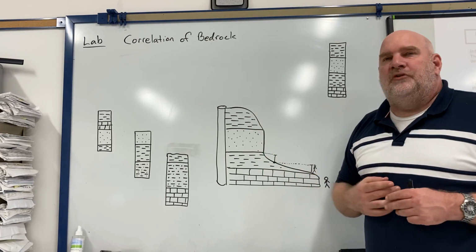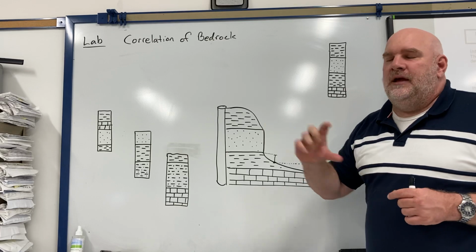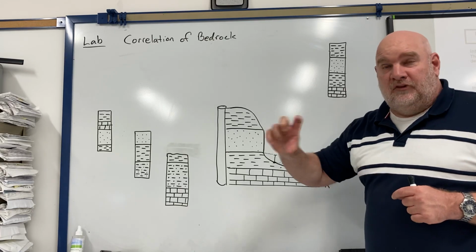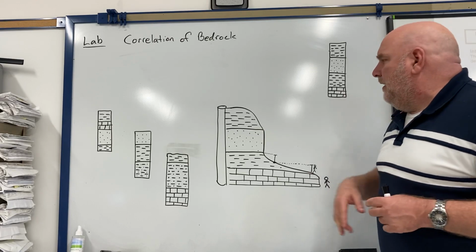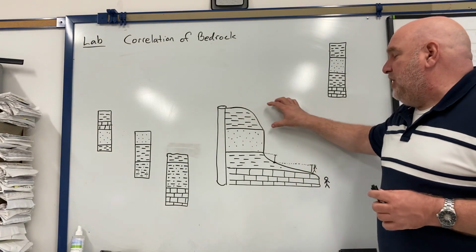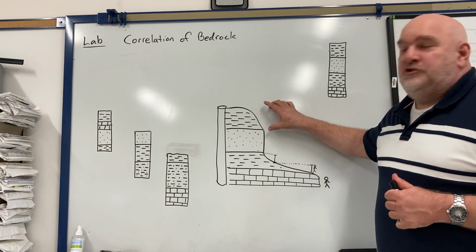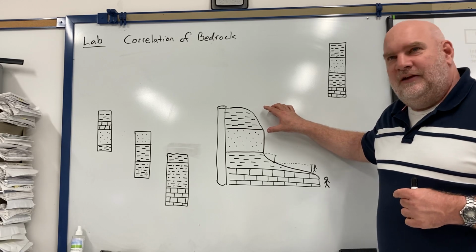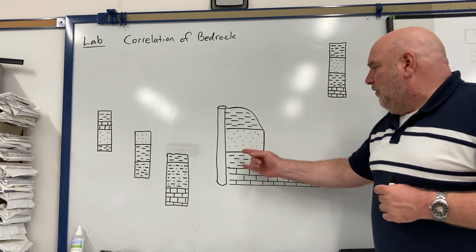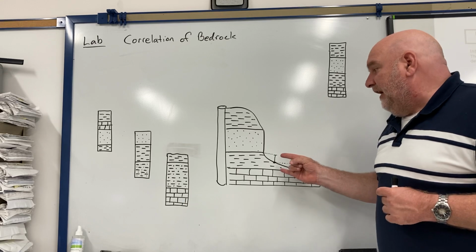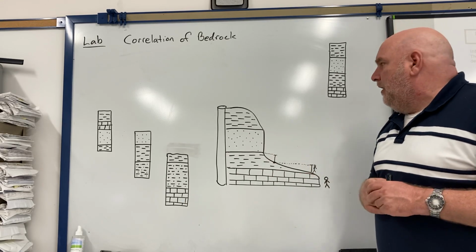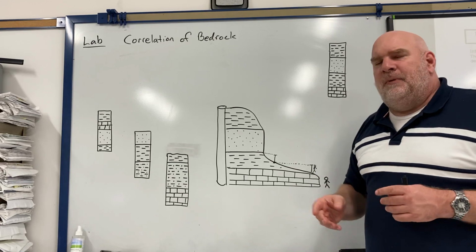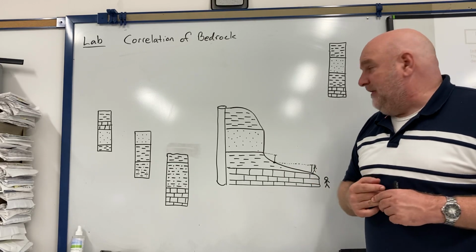A lot of times they're named after a spot where the rock layer is exposed, so it's named after a geographic location. They might say the Smith Shale has a lot of trilobites in it and is dark gray in color, while the Jones Shale is light gray in color and has lots of brachiopod fossils or something like that. So they're both shale, but they might have distinctions between them.